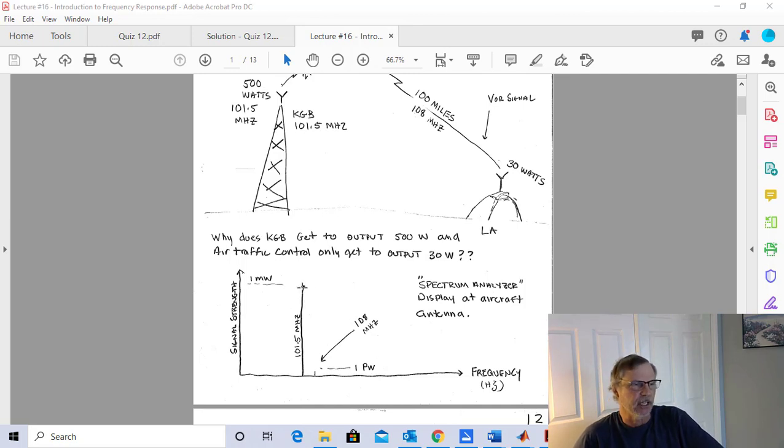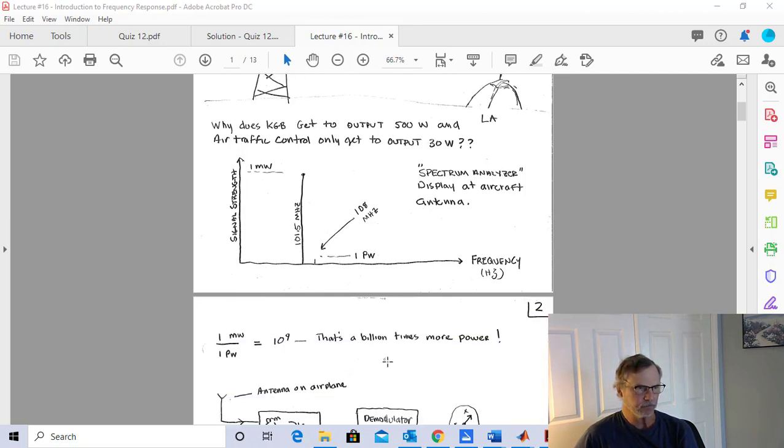Now, it's actually about 100 kilohertz wide, because that's the information that's modulated on it. But when I'm looking at this kind of resolution, it kind of just looks like a little line. And so that's what I see at 101.5 megahertz. And then I see a little tiny spike down here that represents my signal coming from the LA tower.